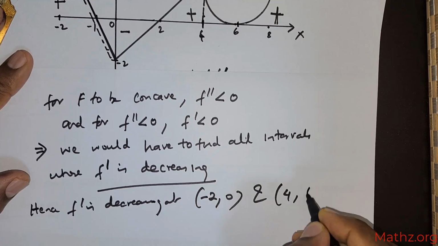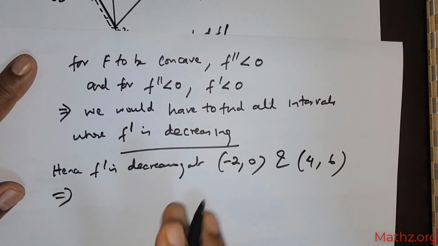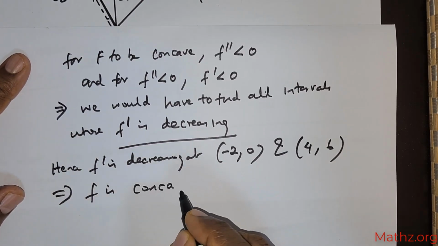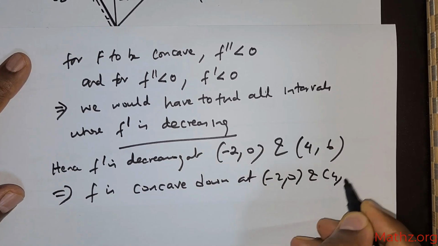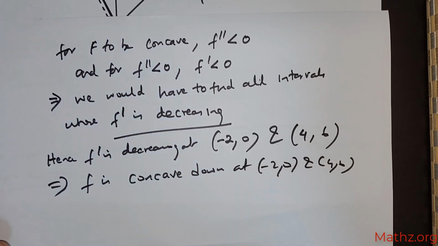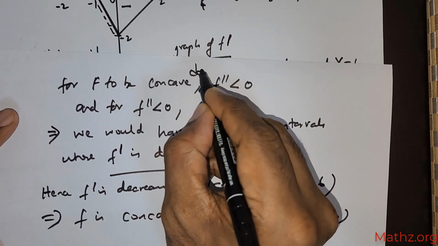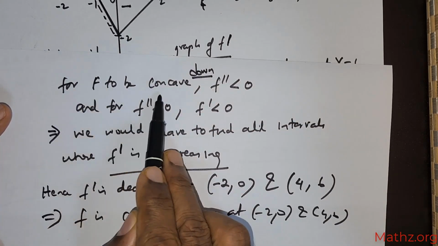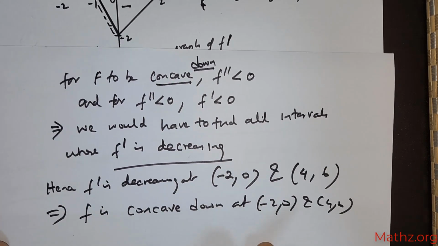So this in turn means f is concave down at negative 2 comma 0 and 4 comma 6. So that would be the answer. I can just add the all important words, concave down, that is more explanatory.